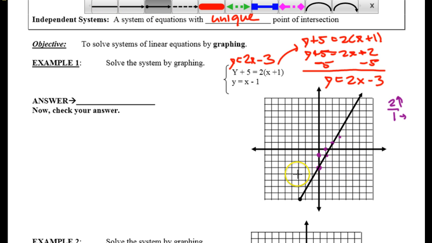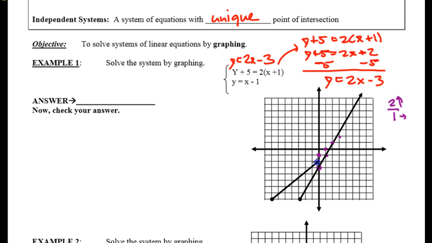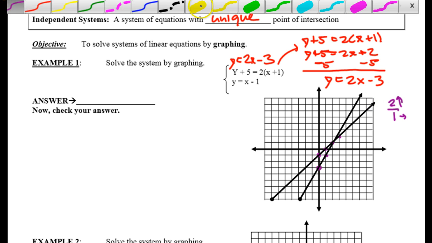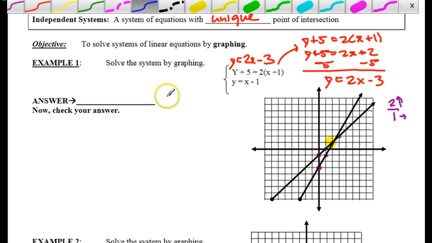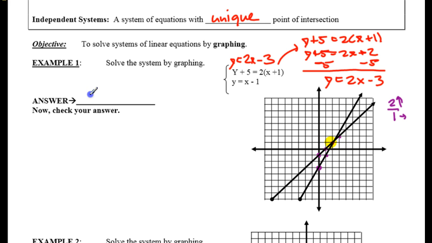So now, when I connect this, here are our two equations. Our common point is right there. That is the one point that is on both lines. So the answer there, that point is at, start at the origin, we go 2 on the x, 1 on the y. So the answer is 2, 1. That's the answer for that system.